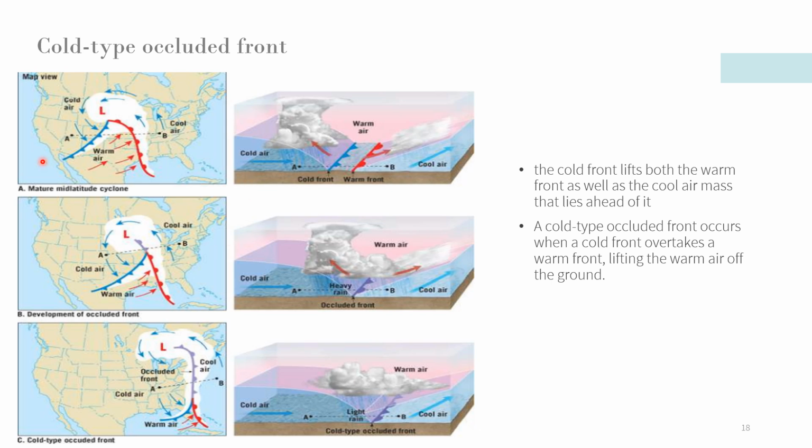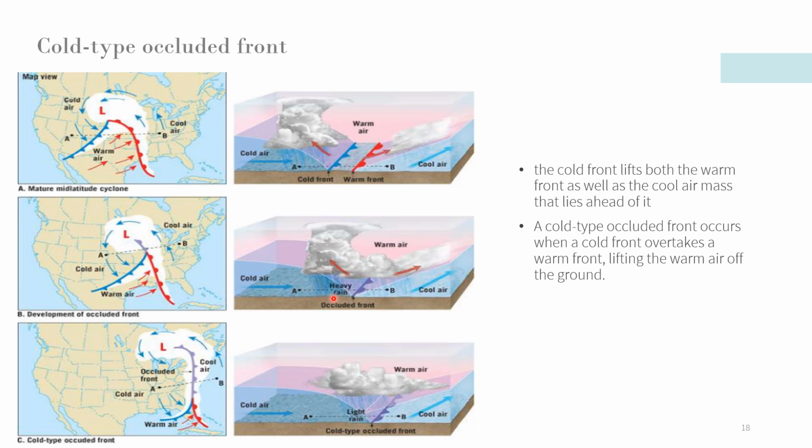And from this first illustration A, the situation of a mature mid-latitude cyclone, there is a development of an occluded front. That means the cold front lifts both the warm front as well as the cool air mass that lies ahead of it. So this B illustration, or the second illustration, is showing that the cold front overtakes the warm front.